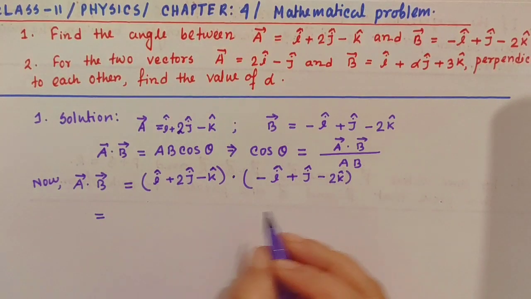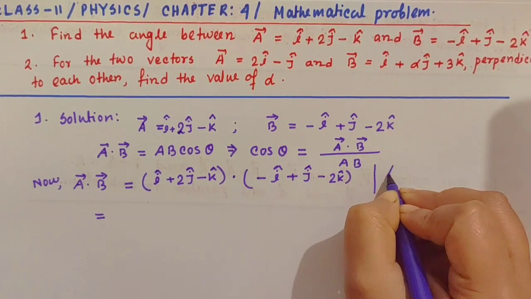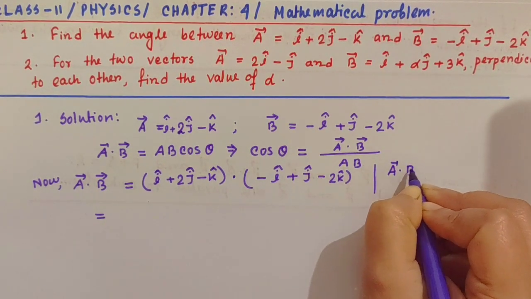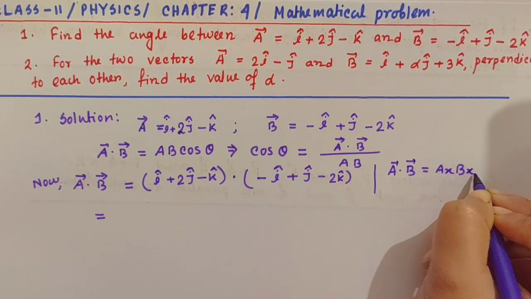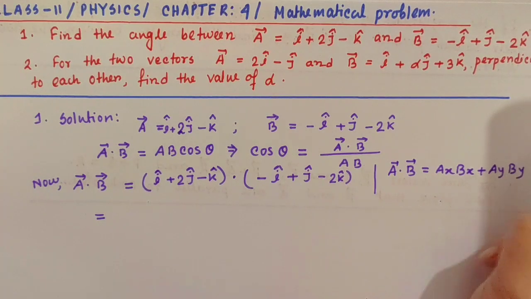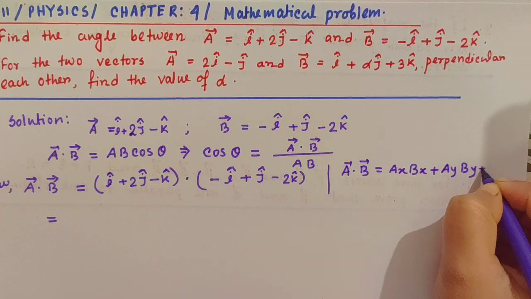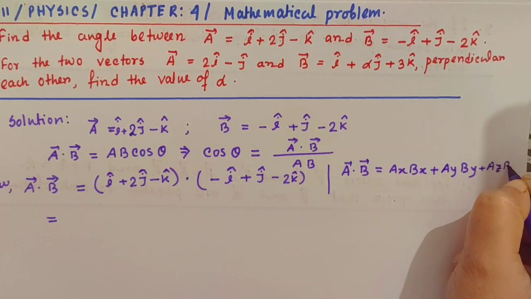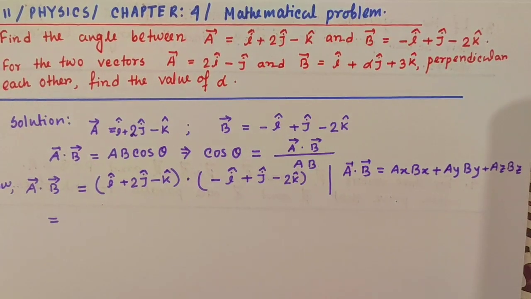Again we know A dot B is equal to AxBx plus AyBy plus AzBz. From the previous class we know this formula.